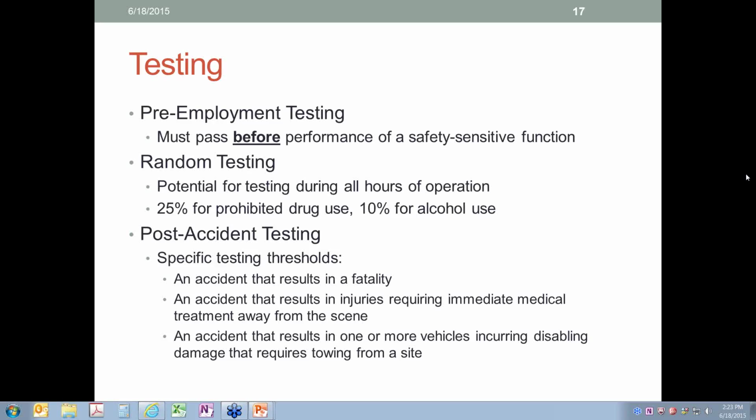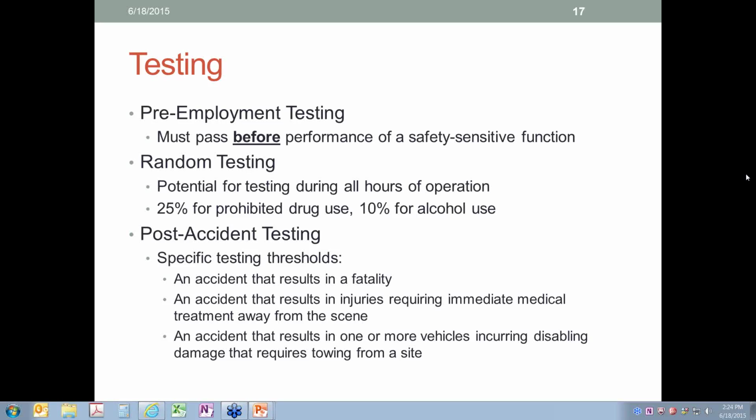It doesn't matter. If you operate service, your safety-sensitive employees have to be under the impression that it is reasonable for them to be tested at any point in time during the service operation. It is your responsibility as a grant recipient and a drug and alcohol program administrator or manager to make that happen, to make sure that not only do they understand that, but that those tests are actually occurring at all hours of operation.